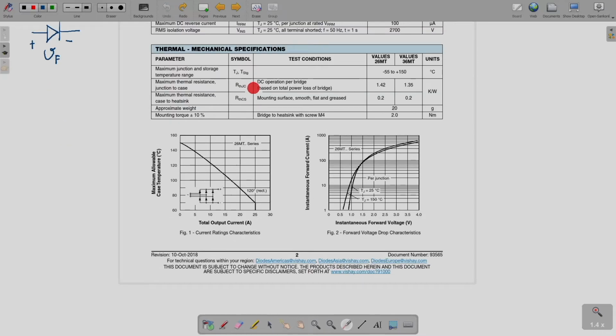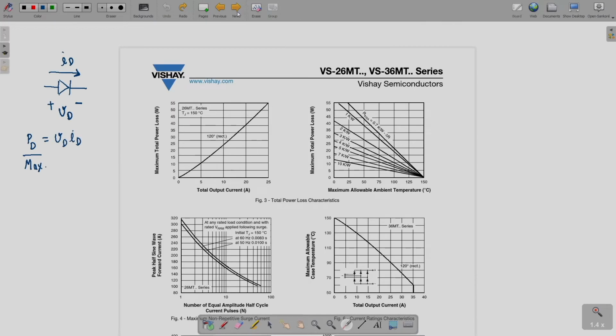So, previously we had seen this thermal resistance junction to case and case to sink. Now, whatever heat sink you choose will also have a thermal resistance, and that will be sink to ambient, and different sink to ambient thermal resistances will be used. So, how this maximum total power loss versus ambient temperature graph changes, that is what is shown here. So, these are your total power loss characteristics, those graphs are given.